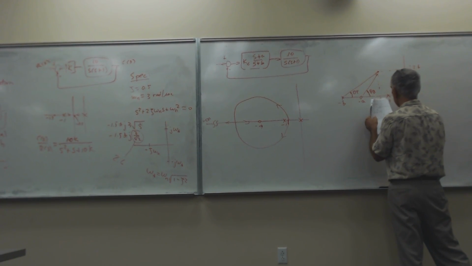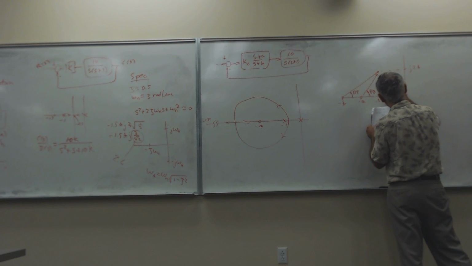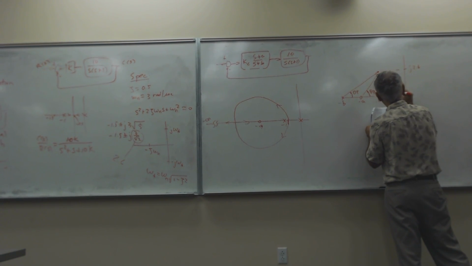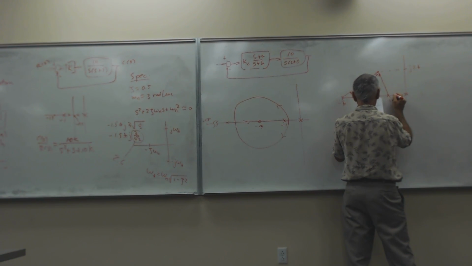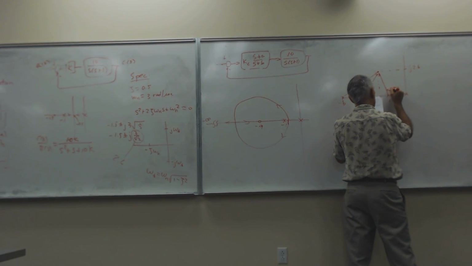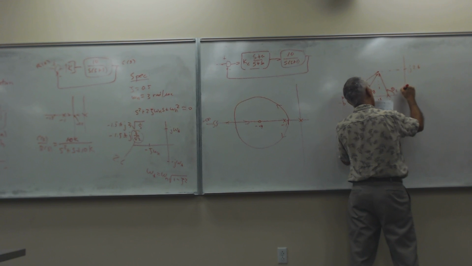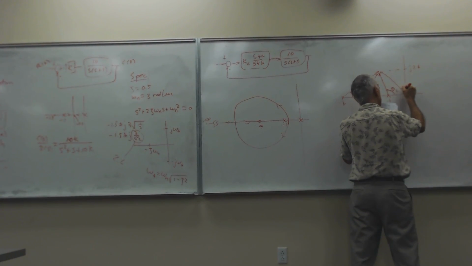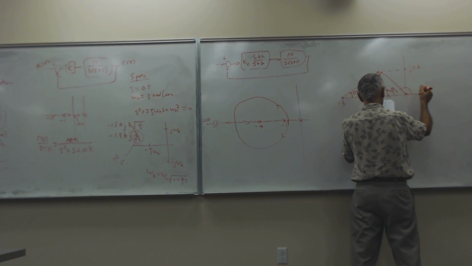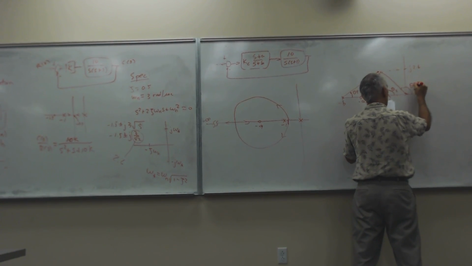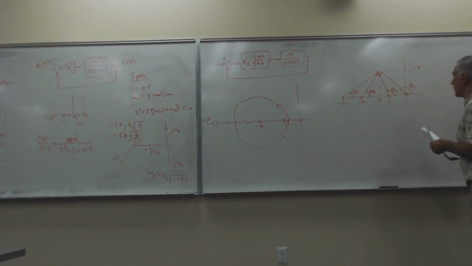And then we have two others, right? We have this one here, and that will have a phase of, I call it theta 2. And then we have the vector from the origin up to that point there, and it has a phase of theta 1.